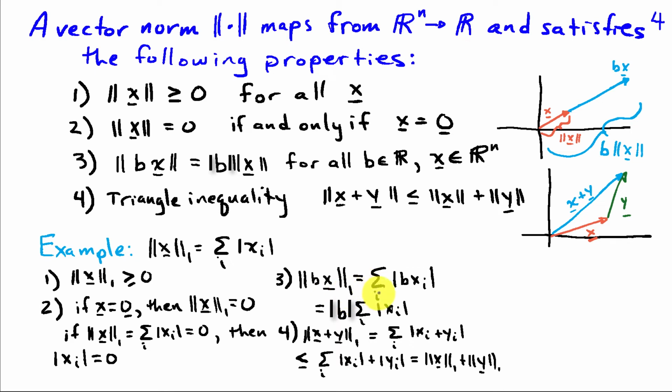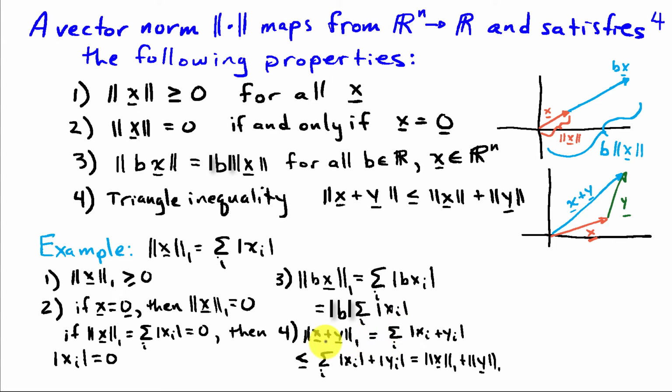And that's easy to show by applying this in the formula, where we'll pull the b out from the norm of b times each element, and that would give us b times the absolute value of x_i. We can pull the b out of the sum and arrive at this line here. And clearly this is b times the 1 norm of x.